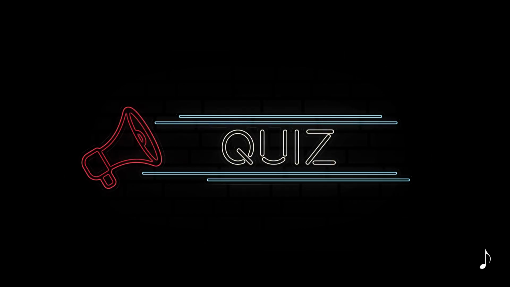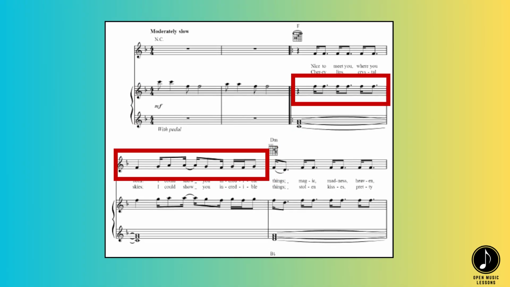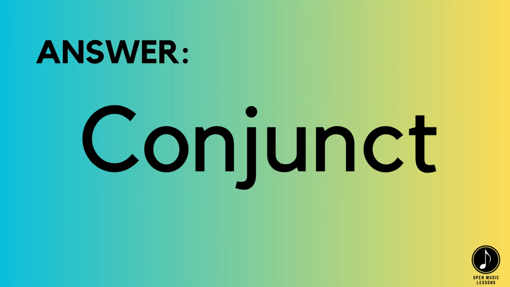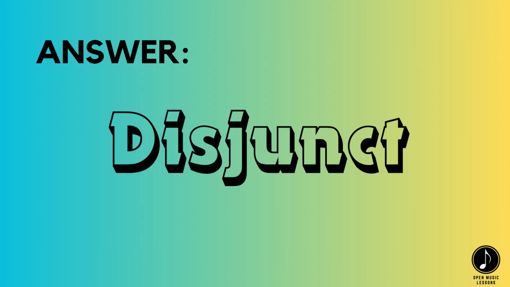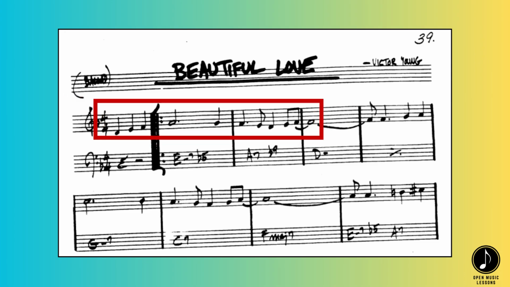Now let's start our quiz. Is this pop melody conjunct or disjunct? That one is conjunct. Is this classical melody disjunct or conjunct? This one is a disjunct melody. Is this jazz melody conjunct or disjunct?